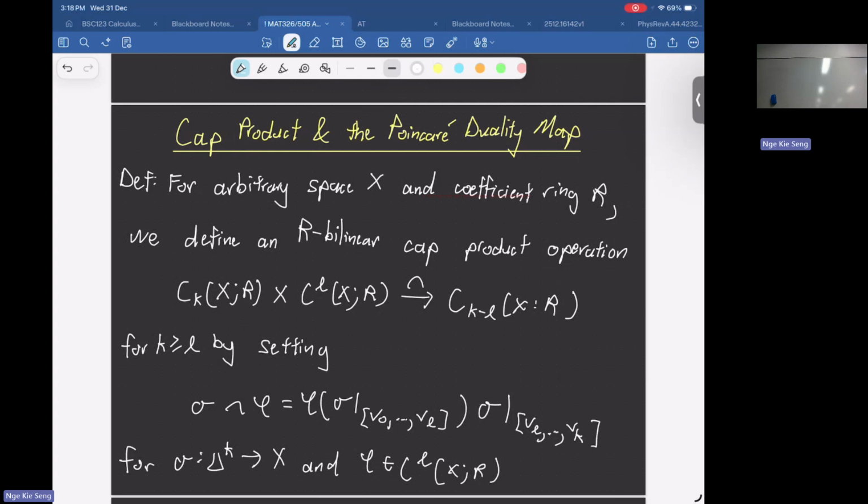But what's the rest then? You just evaluate on the first few, and the rest just stands as what it is. It's a bit of a stretch, I can't act on you anymore, so I put you to the side. But it works, very strange. So you just evaluate your simplex on the first few faces, the first few sub-simplices.